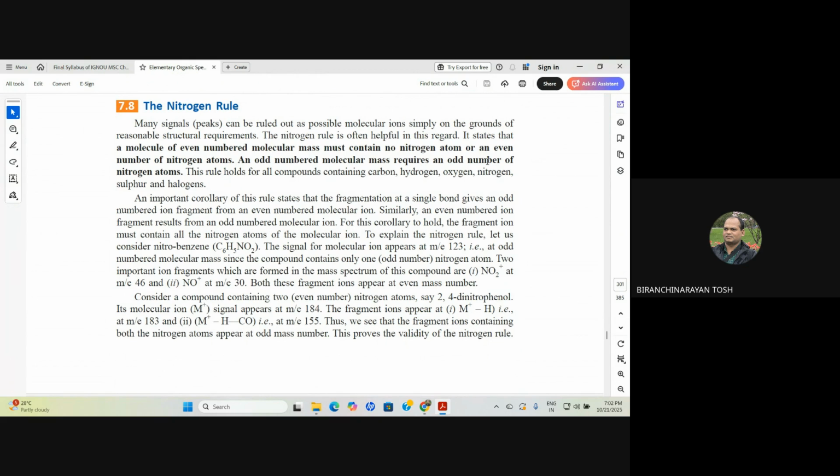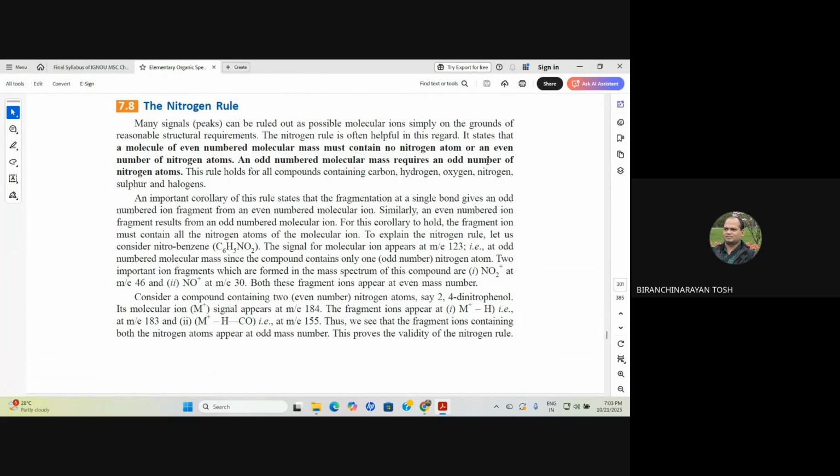So the presence of nitrogen is the only problem. Nitrogen atomic mass is even, but when one hydrogen is removed, one nitrogen will be there. Therefore, it will have the problem.